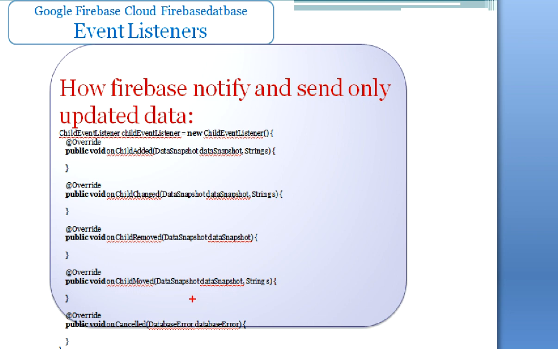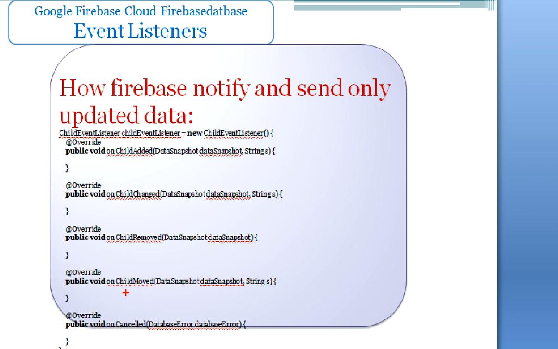And child moved, we won't discuss right now, and we'll discuss it in a separate session. Each value listener will have a separate session. So child moved is when we get the database ordered by class. When you use order by class, then when you insert, it will be moved.